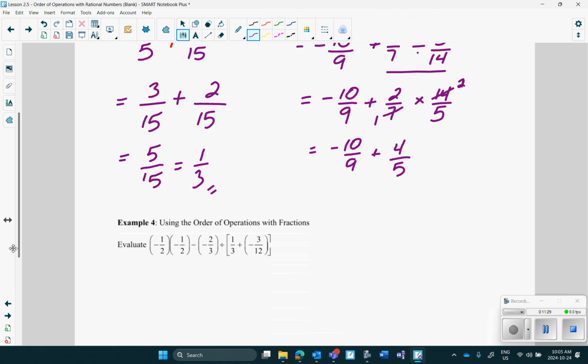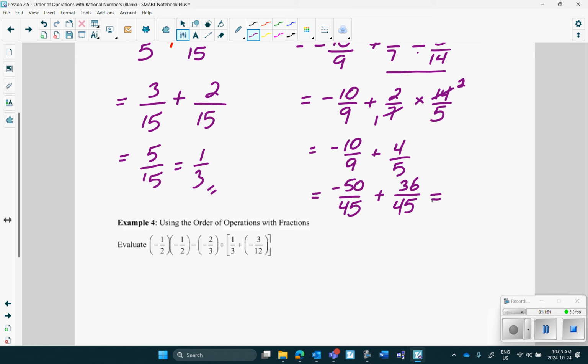What's the lowest common denominator? 9 and 5. 45. Which means, what does -10 over 9 become? -50. 4 over 5 becomes 36.